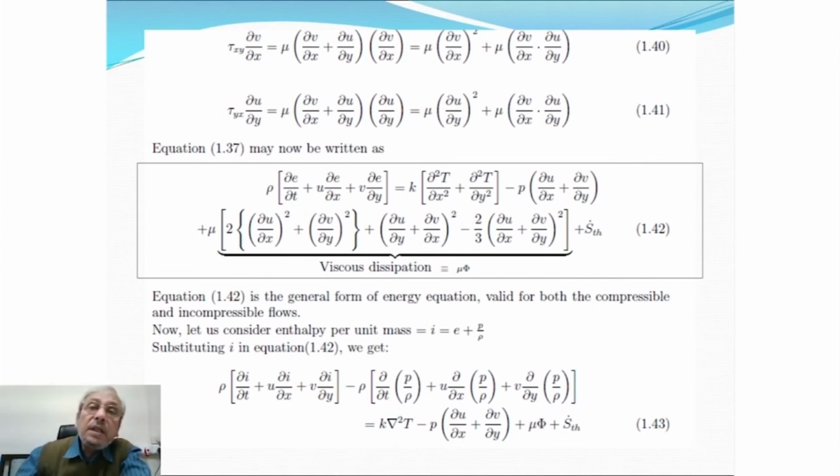Here only the symbols are changed because in heat transfer we do not use H as enthalpy, because H is reserved here for the convective heat transfer coefficient. So I is enthalpy, and instead of thermal energy or internal energy, which in thermodynamics we usually denote by U, here we have used E.